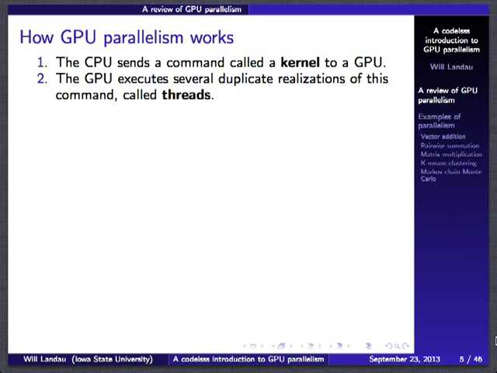Remember, a thread is a separate instance of your program. In this case, more specifically, threads are duplicate executions of a kernel itself. They're not duplicate executions of the whole program. Kernels are executed simultaneously in simultaneous copies, and those simultaneous copies are called threads.